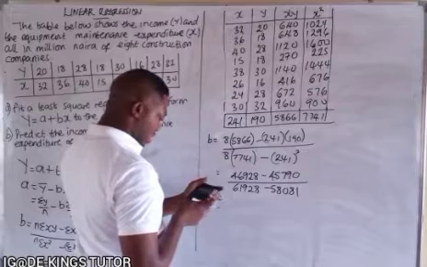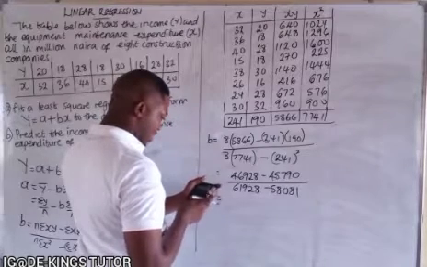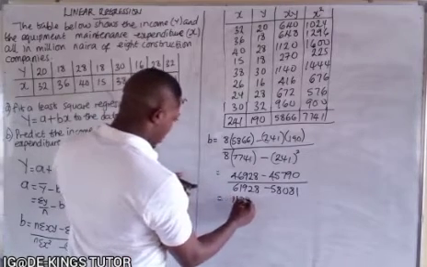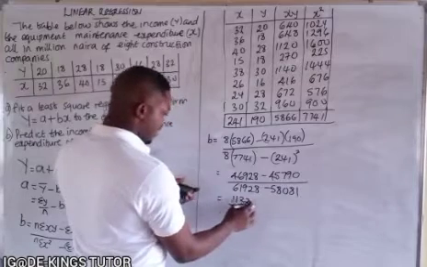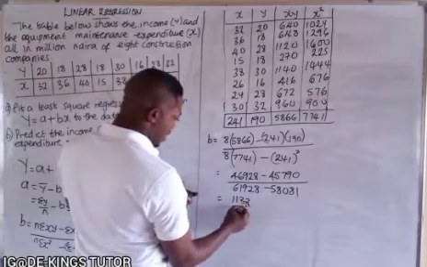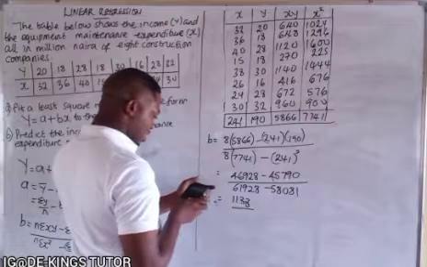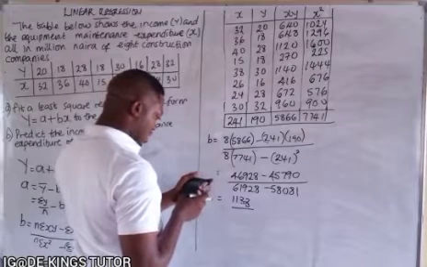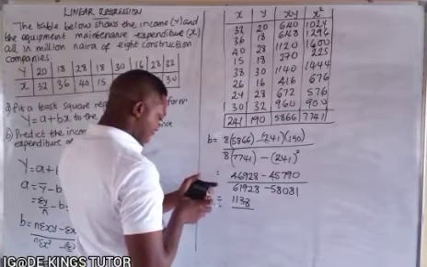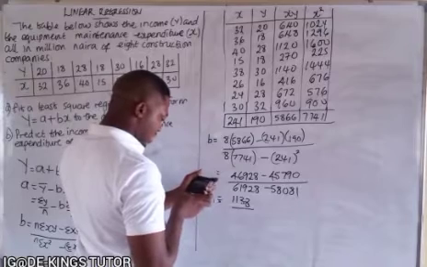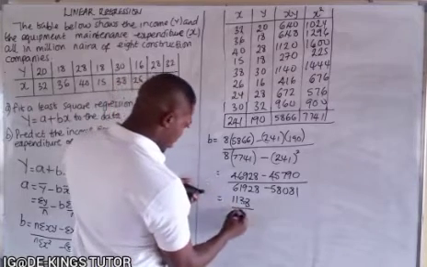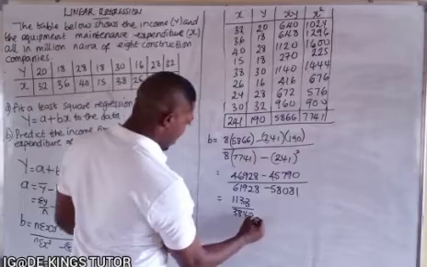So we now have the numerator 46928 minus 45790, which is 1138, divided by 61928 minus 58081, which is 3847.